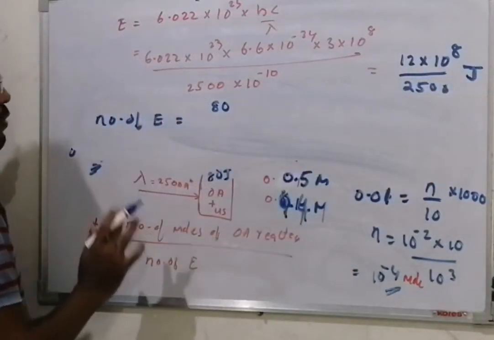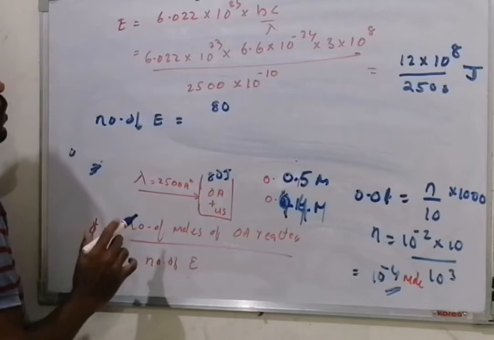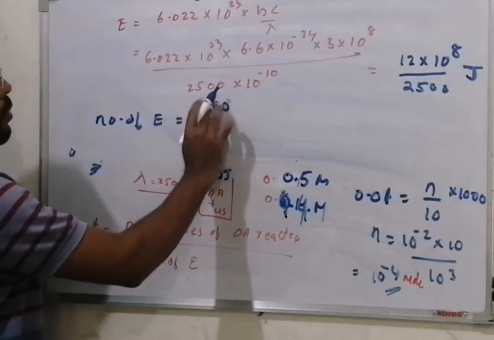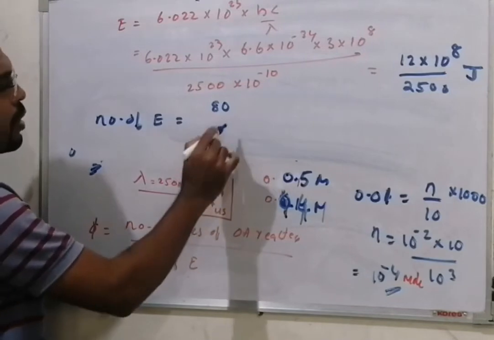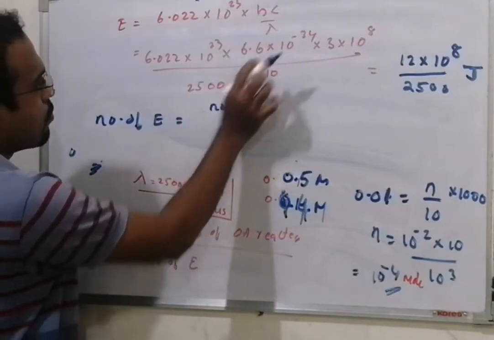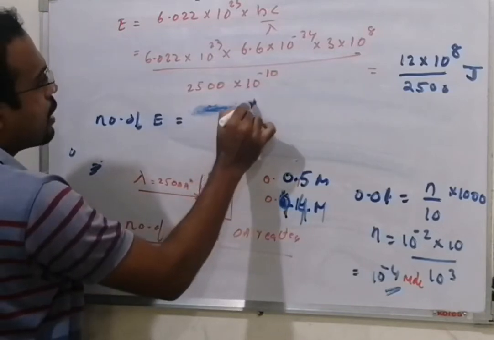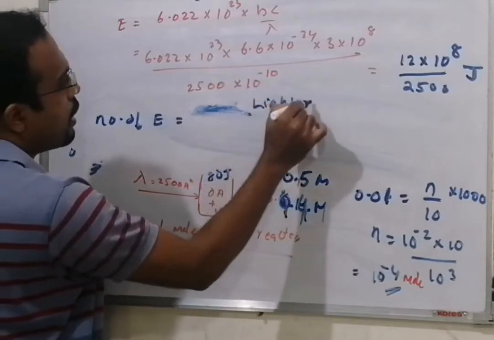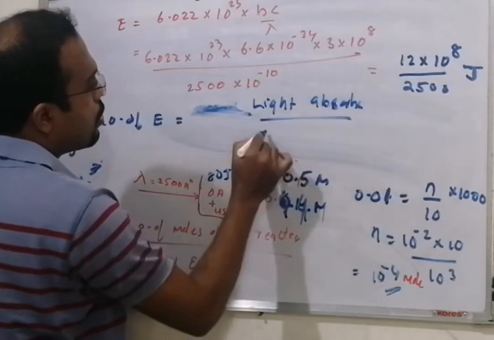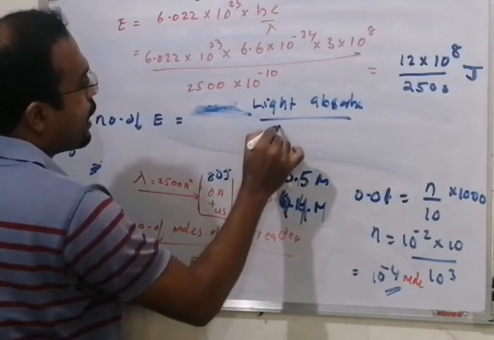Therefore, number of Einstein is equal to the light energy absorbed divided by the energy of 1 Einstein.